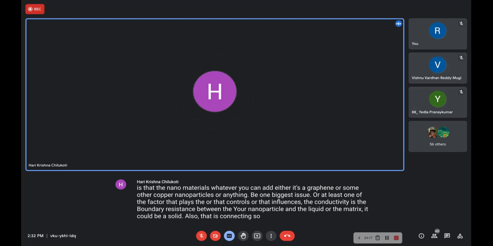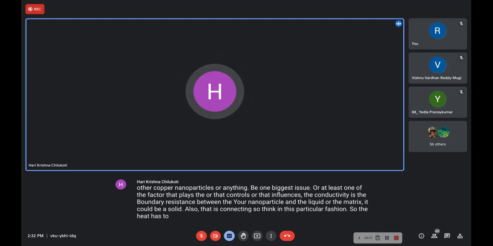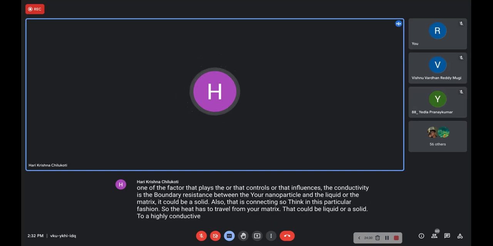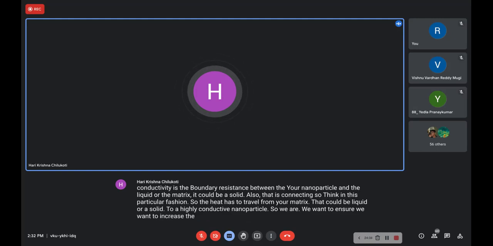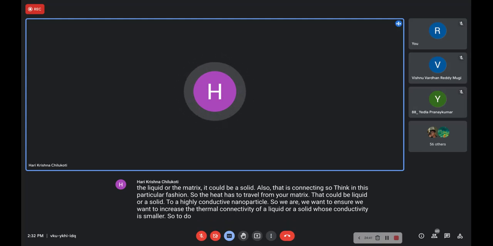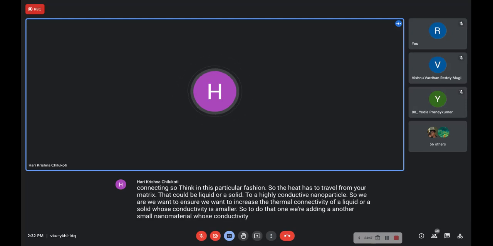So think in this particular fashion. The heat has to travel from your matrix, that could be a liquid or a solid, to a highly conductive nanoparticle. We want to increase the thermal conductivity of a liquid or a solid whose conductivity is smaller, so we add another small nanomaterial whose conductivity is significantly higher.